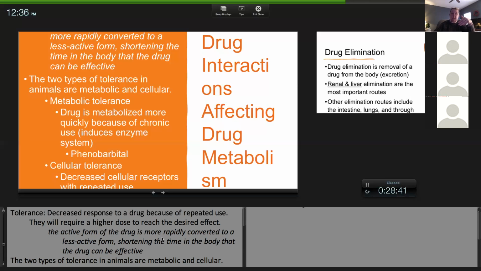I'll guarantee you in that scenario, that's the animal that comes back sick, has elevated liver enzymes. And then you're like, did we cause the elevation in liver enzymes, or did the animal have pre-existing elevated liver enzymes? I've talked about that in the anesthesia lecture when we talk about patient history, but how do we justify why we're drawing blood, or why do we need to know if we have good liver and kidney function?